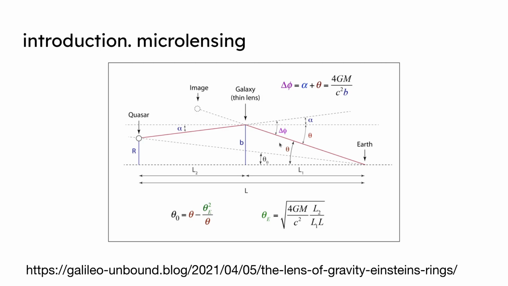What's also important here on this slide is this theta E, which is called the Einstein radius, and this is basically a measure of to what distance the light from the source would be distorted, given that the source and the lens are on the same line of sight.